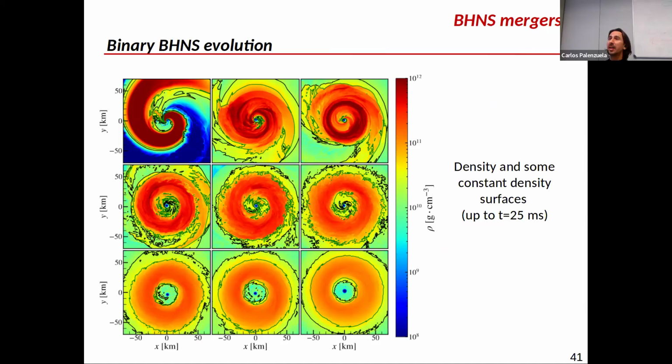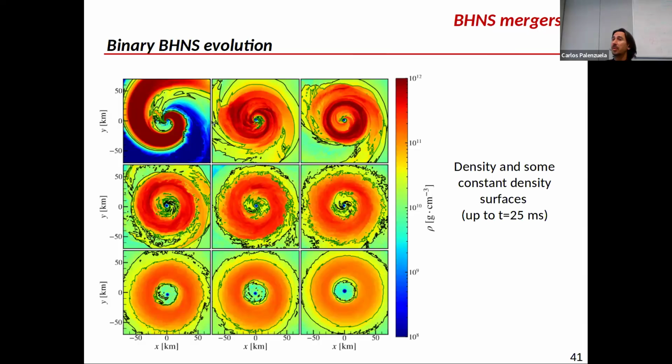Well, we also did some binary black hole neutron star simulations. Here is the density in the equatorial plane at different times, where you can see that the neutron star is disrupted outside the ISCO. Part of the star starts to fall into the black hole, leaving a tail.